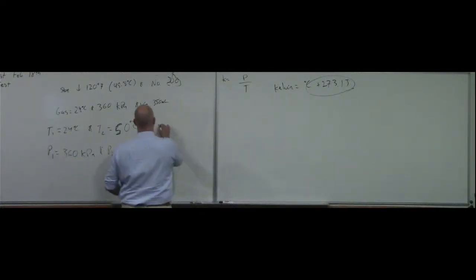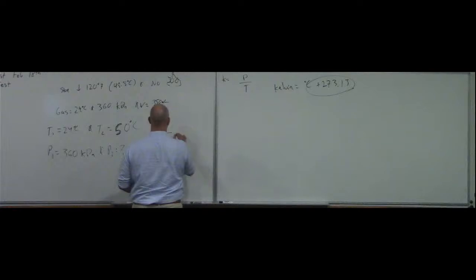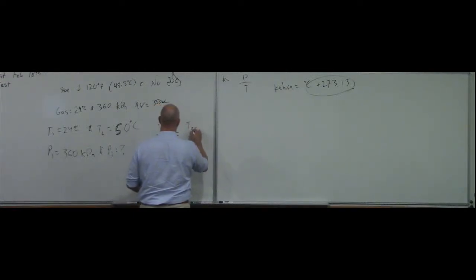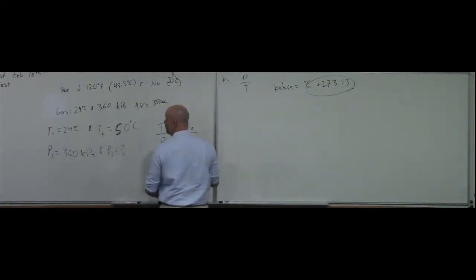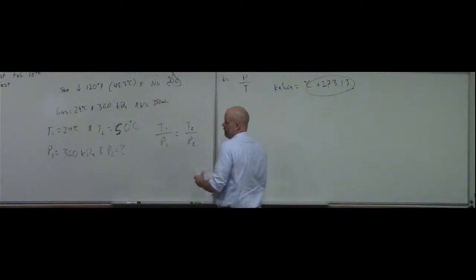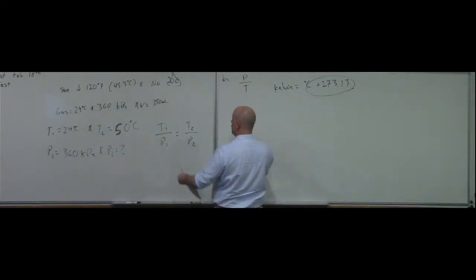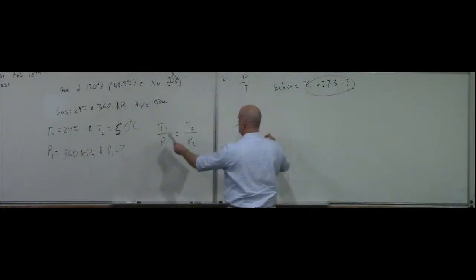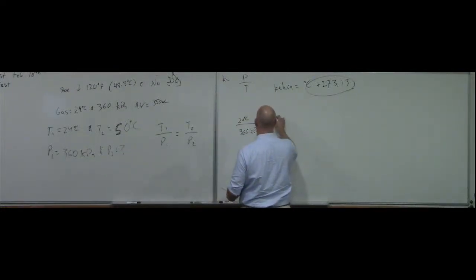So temperature 1 over pressure 1 is going to be equal to temperature 2 over pressure 2. Okay? So I'm going to enter my information and cross multiply and divide is generally how we talk about doing this. So I go 24 degrees C over 360 kilopascals is equal to 50 degrees C over X.